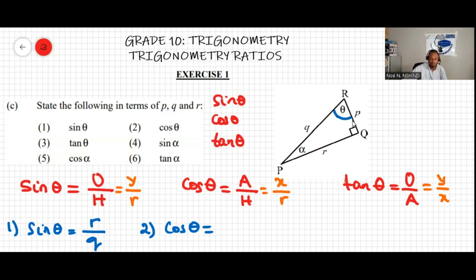So it's going to be P over the hypotenuse, which is Q. So it's going to be P over Q. And then tan of the angle theta is opposite over adjacent. So opposite is R and adjacent is P. So it's going to be R over P.